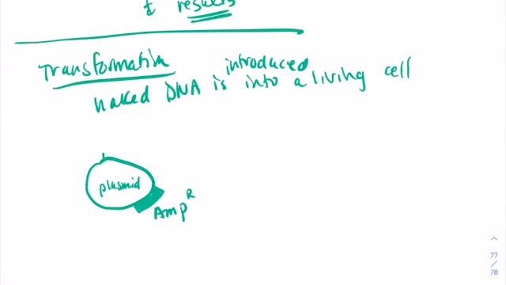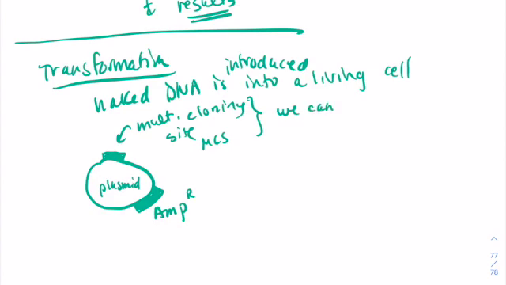But also there's a little spot here called a multiple cloning site, where we can use something called restriction enzymes to insert our favorite gene, or a gene that we want to study, or maybe a piece of DNA that we want to make more of. So into the multiple cloning site, or the MCS, we can insert other genes in the laboratory.